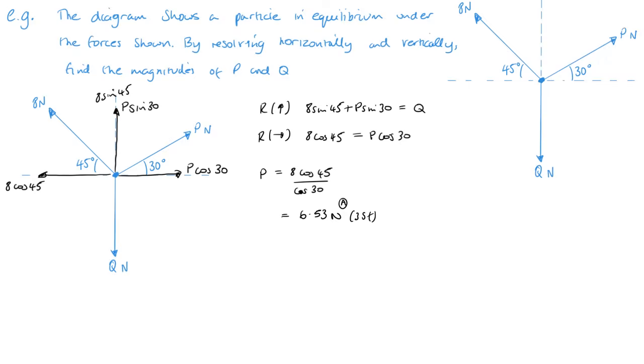My next step is to find Q. Q is 8 sin 45 plus P sin 30, so this answer times sin 30 plus 8 sin 45, and I get Q is 8.92 newtons to 3 significant figures. So it's very, very easy.